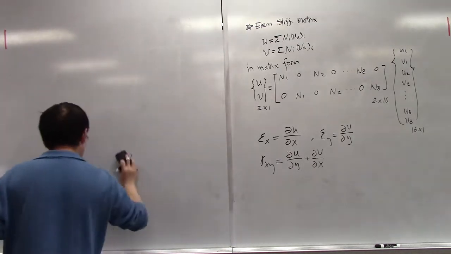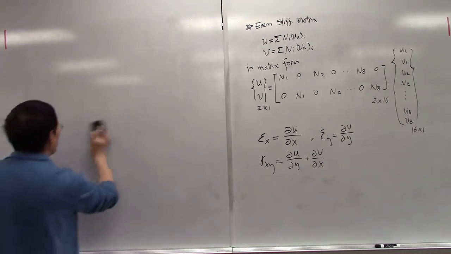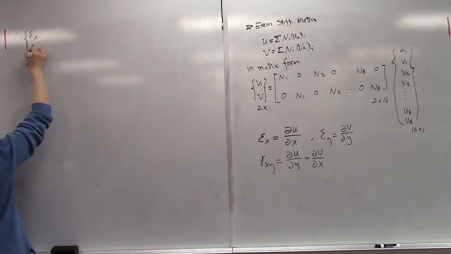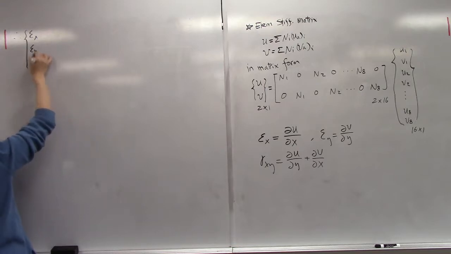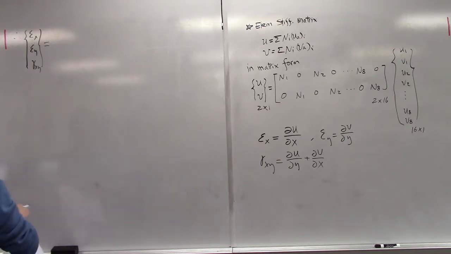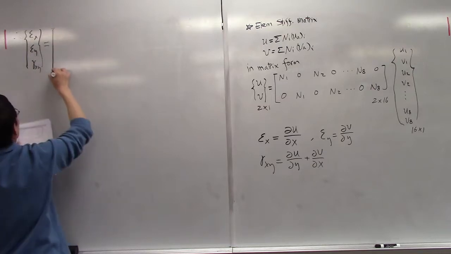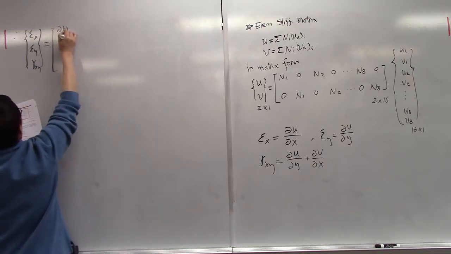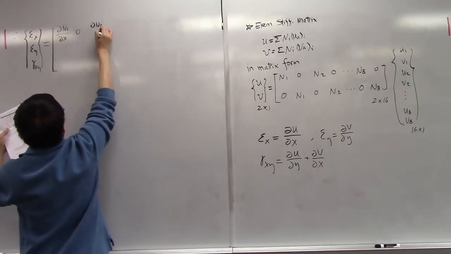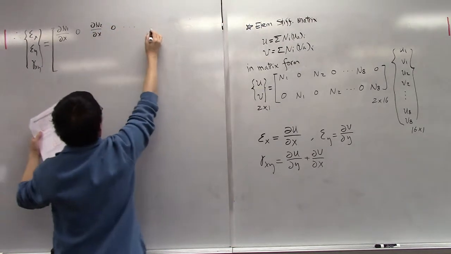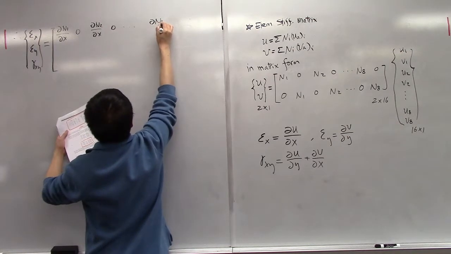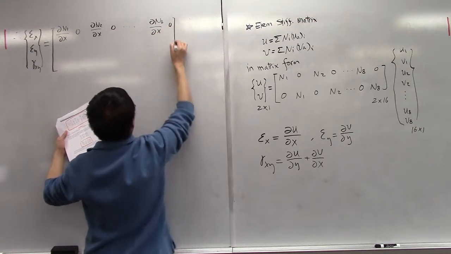We would like to write it, again, as a column vector. Therefore, we have epsilon x, epsilon y, gamma xy in the following form. The first row is partial N1, partial x, and then 0. And the third column is partial N2, and then partial x, etc. Up to the 15th position, partial N8, partial x, and the 16th position is 0.